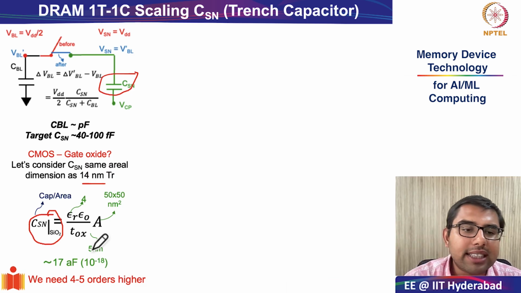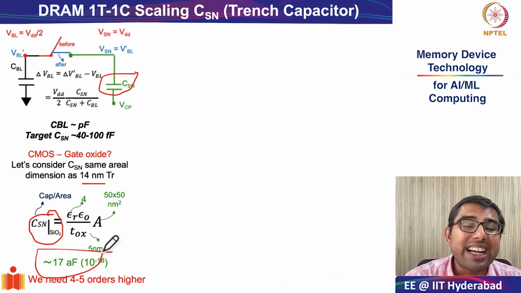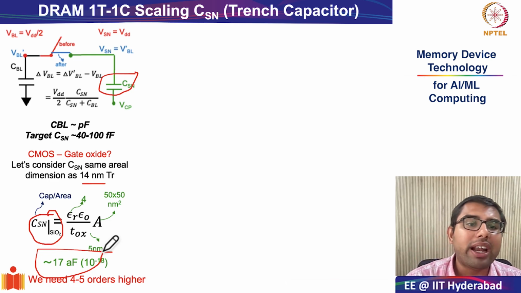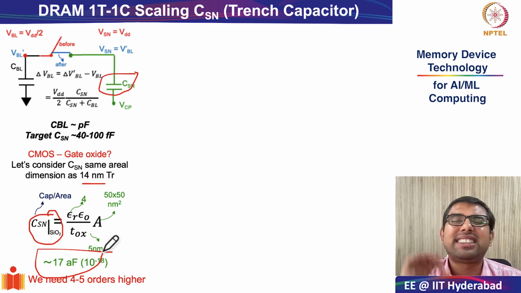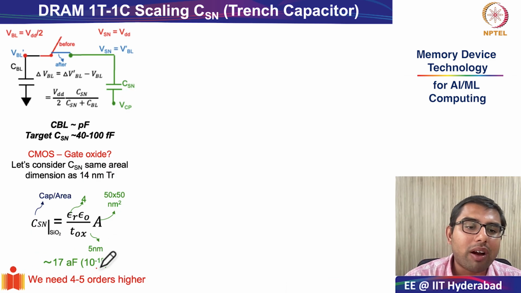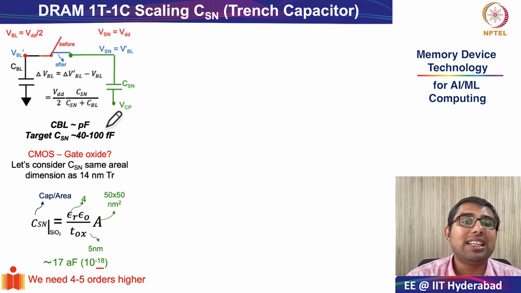I'm just dealing with orders of magnitude. And when you put in these numbers, you see that the oxide capacitance offered in an advanced technology node like the 14 nanometer node is just 17 attofarad. What is atto? Atto is 10 to the power of minus 18. What did we require? We required almost 0.1 picofarad, which is 10 to the power of minus 14.